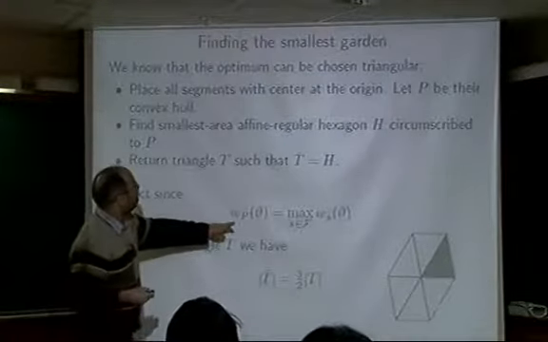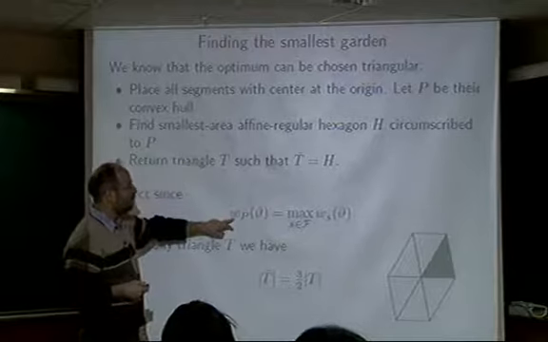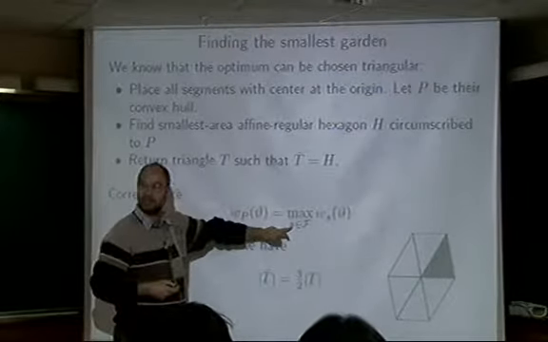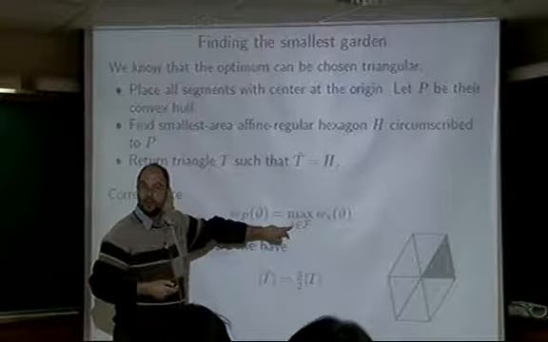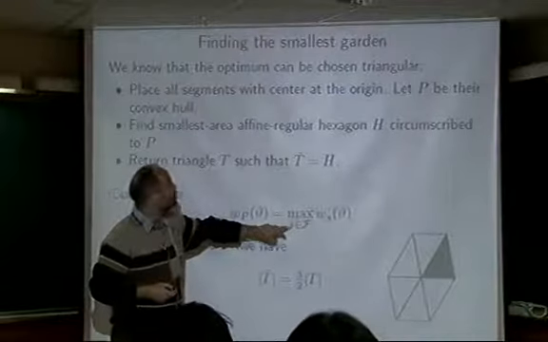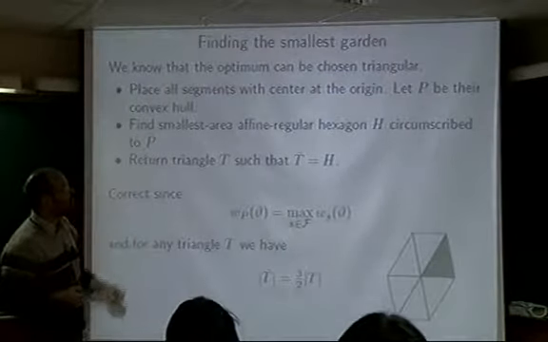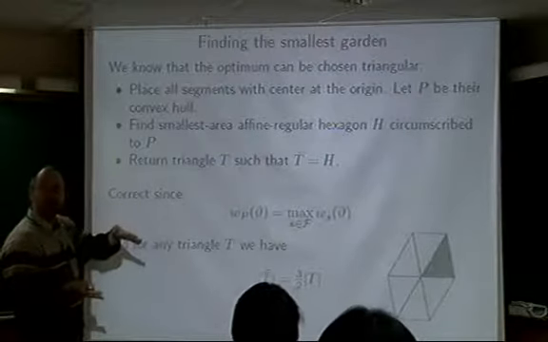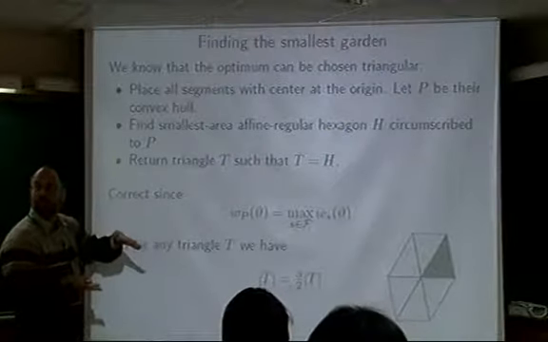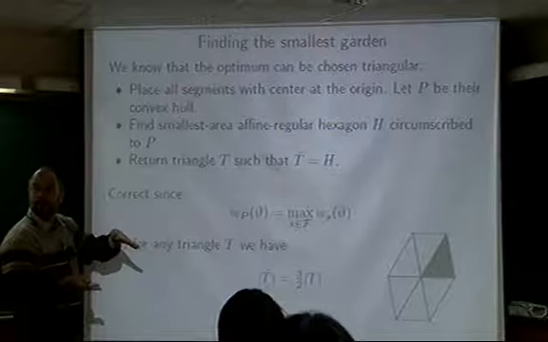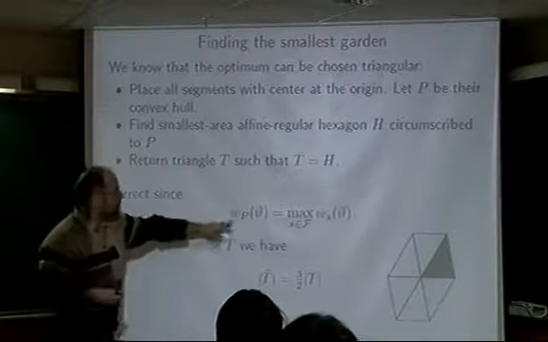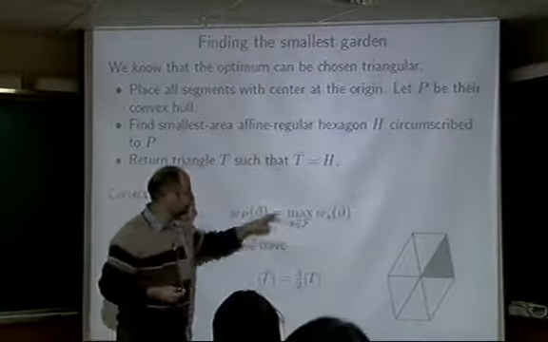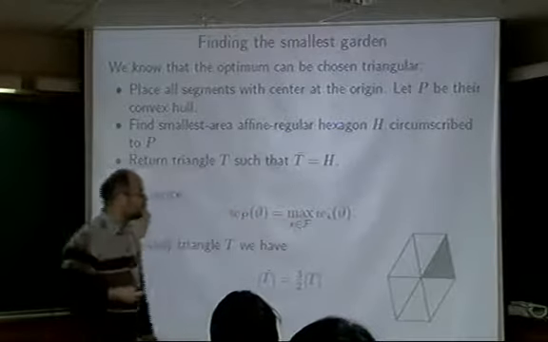Now if you look at this set here, the way I've defined it, its width function is simply the maximum of the width function of the segments. Right? Because I've constructed it by putting all the segments at the origin. Whenever you have a pair of parallel tangents, they are defined by one of the segments. And so the width of this object here, in every direction, is defined by one of the segments.